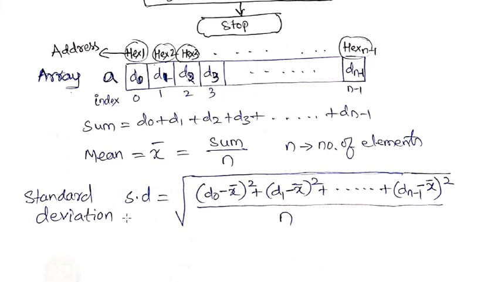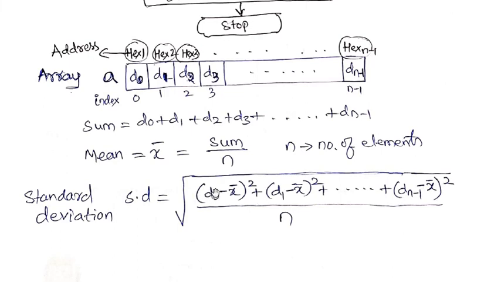How to calculate standard deviation? Standard deviation is equal to the square root of d0 minus x bar squared, that is, the first element minus the mean, whole squared, plus d1 minus x bar whole squared, plus d2 minus x bar whole squared, and so on up to dn minus 1 minus x bar whole squared.